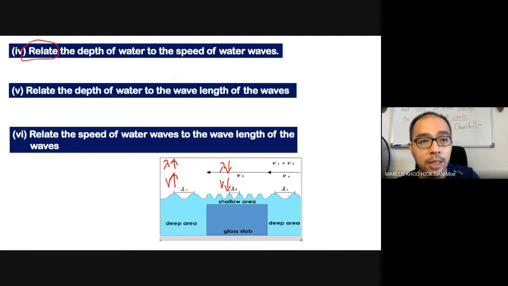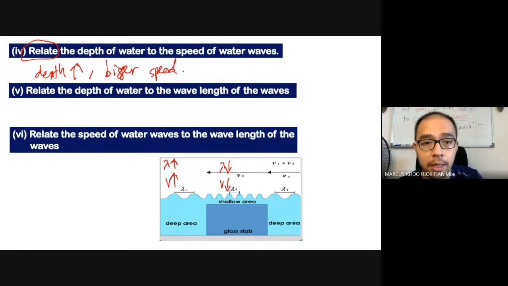So this will be the bigger the depth, the bigger the speed of the water waves. Big depth, big speed. Or if you want to write it the other way also can. If your depth is small, kedalaman air kamu adalah kecil, cetek lah. Air yang cetek, so your speed will be the smaller the speed as well. So it is directly proportional.